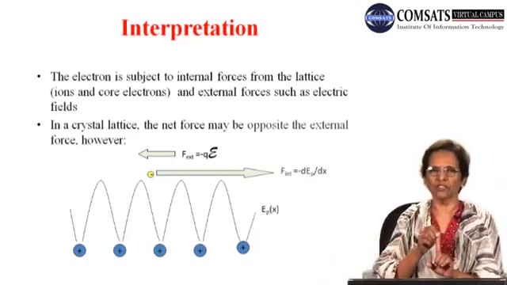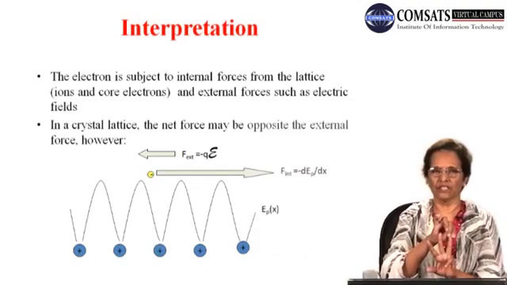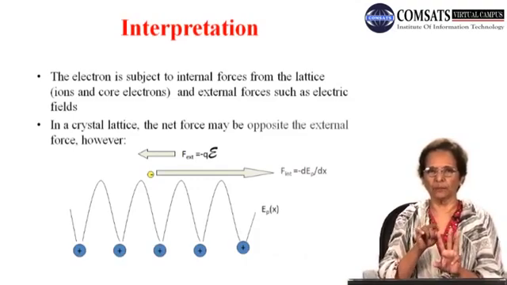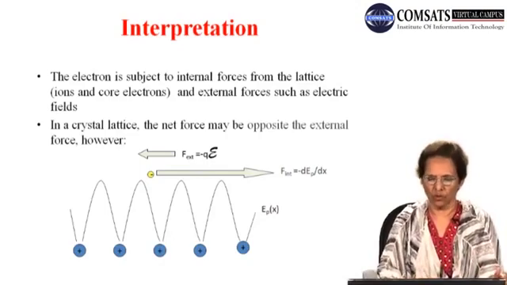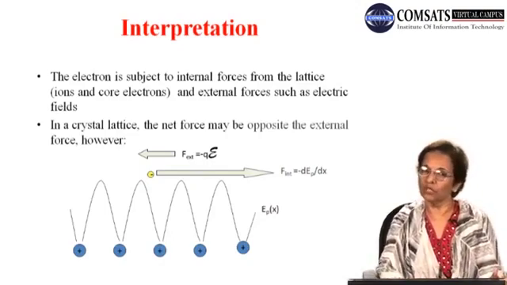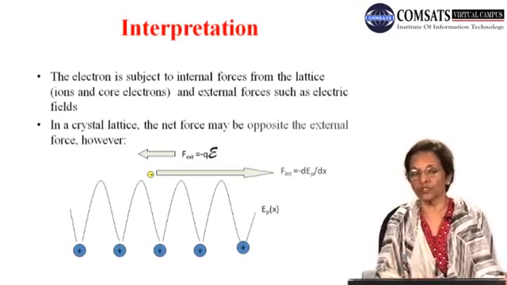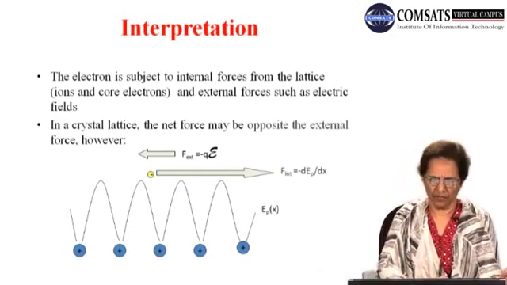So in an n-type silicon crystal at room temperature, the electron moves, as you see at the bottom of the slide, opposite to the direction of the applied electric field E. Why opposite? Because of its negative charge.